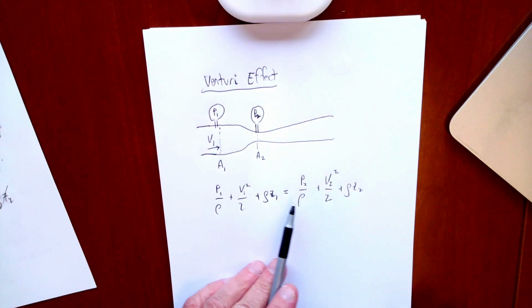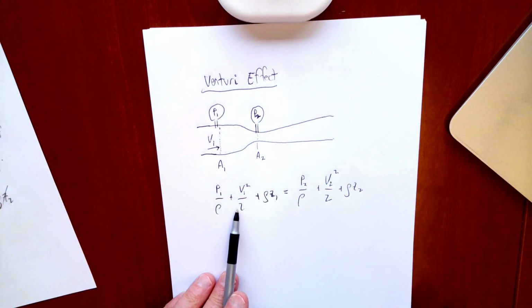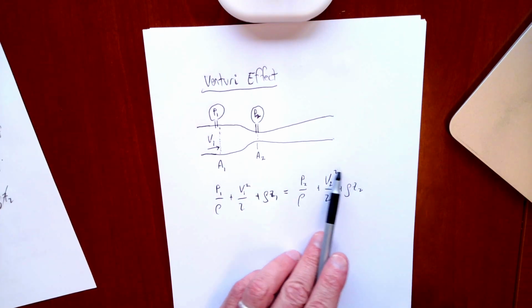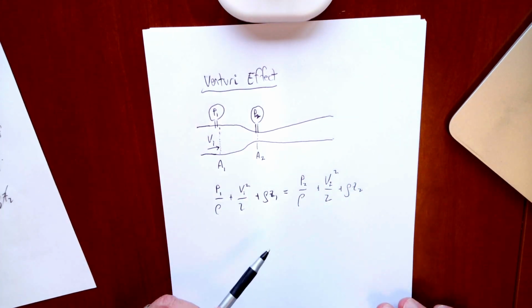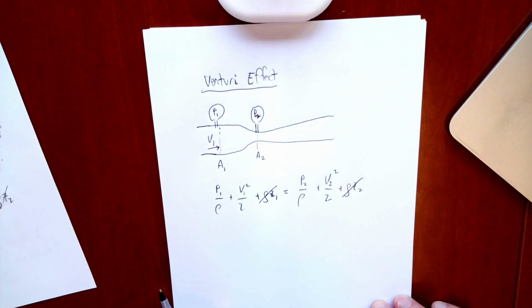At any rate, this is the Bernoulli equation. We know that this value here has to be constant. So this value at point 1 is going to equal the same constant at point 2. There is no change in height in this problem. Z1 is equal to Z2 quite clearly from the picture, so those are going to cancel.